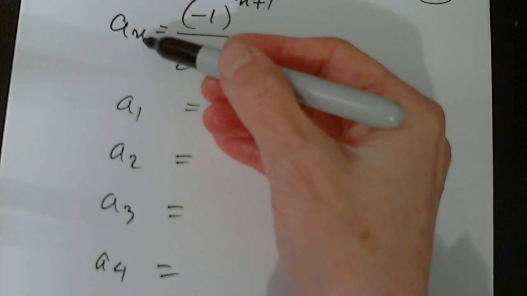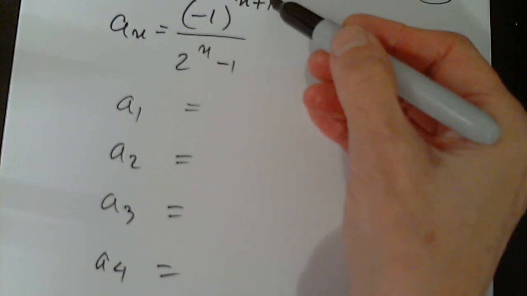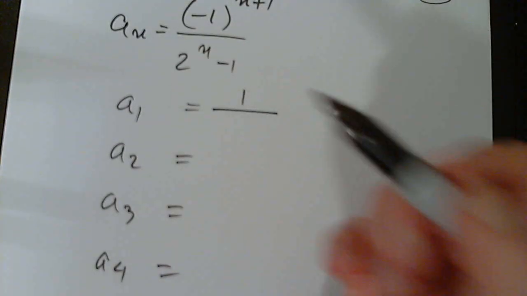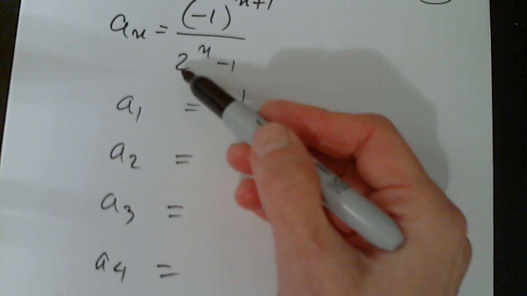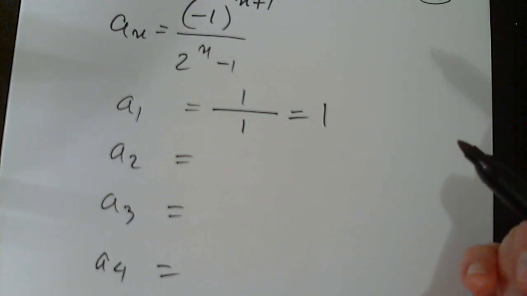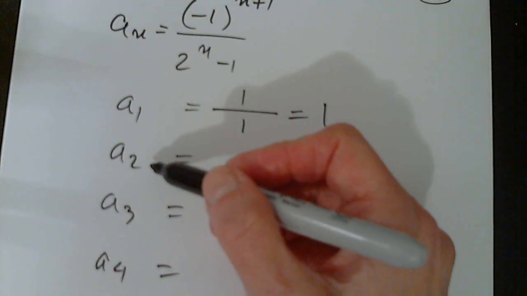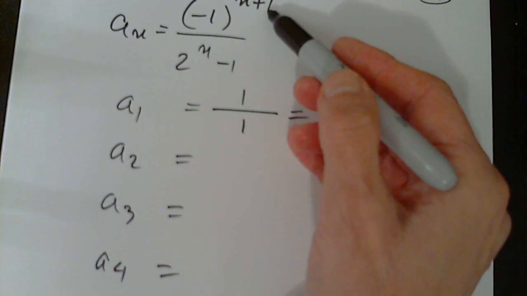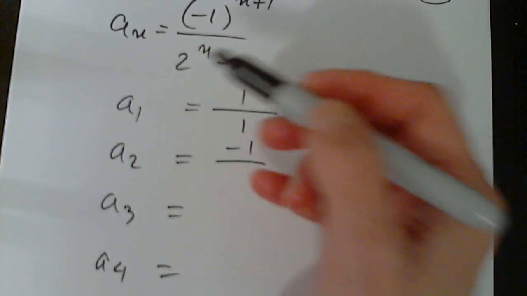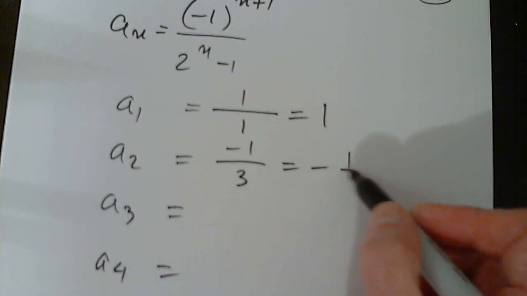When n is 1, negative 1 to 1 plus 1, negative 1 to the second power is 1. 2 to the first power is 2, 2 minus 1 is 1, so the first term is 1. A sub 2: 2 plus 1 is 3, negative 1 to the third power is negative 1. 2 squared is 4, 4 minus 1 is 3, so this is negative 1/3.